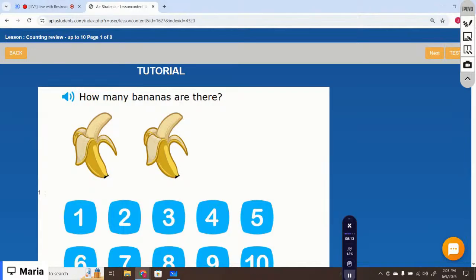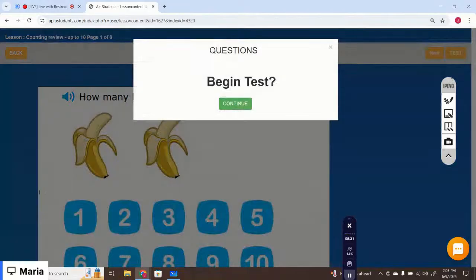How many bananas are there? You need to count. So let's count: one, two. So we have two bananas. The correct option is two. Let's start with the test questions.